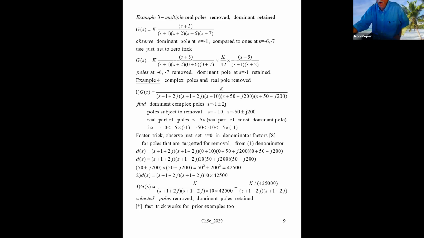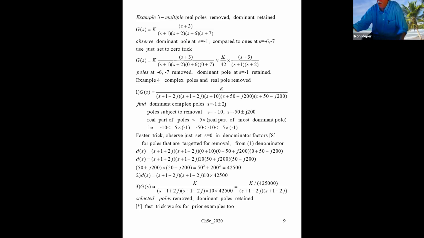Now, I think to bear in mind in this analysis, if you go back to the original figure that we had, you would say, well, somehow both the s+1 and the s+2 define the poles that would fall into the so-called dominant pole region.